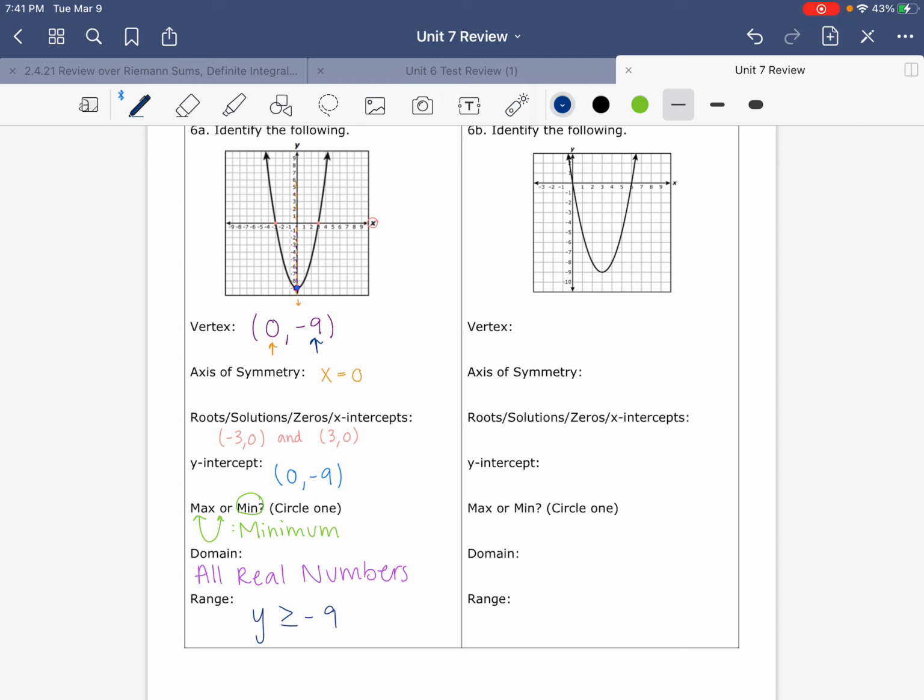So it's going to be greater than or equal to -9. So anytime it has a minimum, it's going to be greater than. Now this one doesn't have a max, but for it to be a maximum, if it were an upside down U, that's when it would have a maximum.